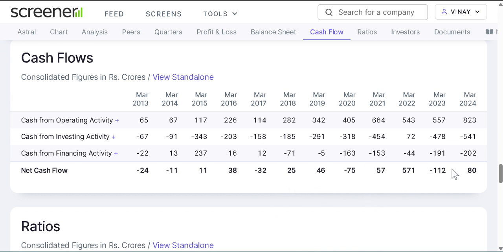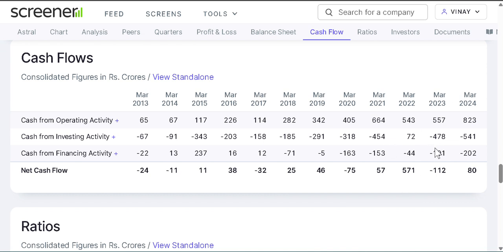Okay. So the net figure may be positive, it may be negative, but one must remember this one should be positive always, this should be negative always, and this should be negative always. Because if the company is getting cash from operating activities, then it must invest and finance in something.